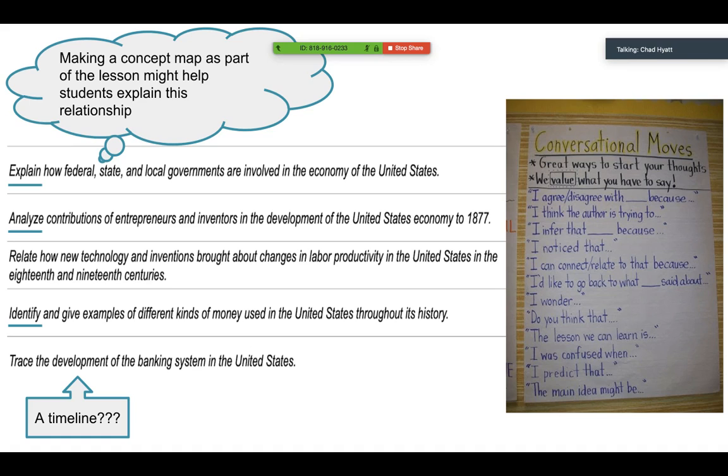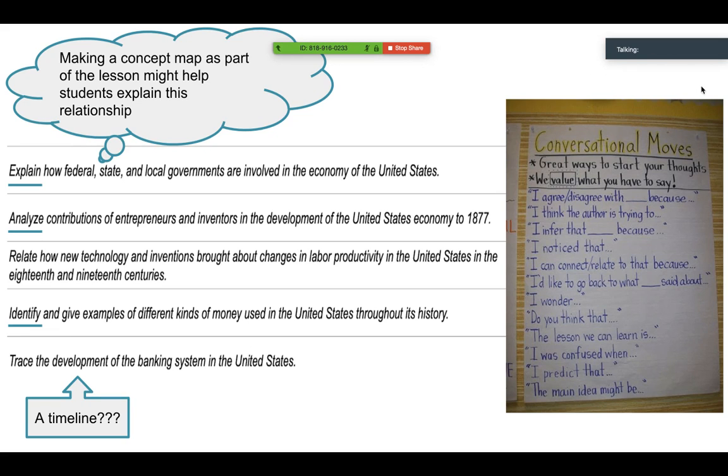So with any kind of standard, again, I'm going to look at it from that tier 1 level. How am I going to support all students in having access to this information? And those Bloom's levels and differentiating based upon some of those Bloom's verbs really can help with that differentiation piece there. Okay.